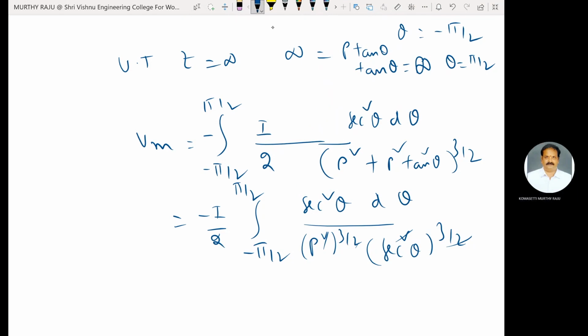Rho square into whole power 3 by 2 is rho cube.